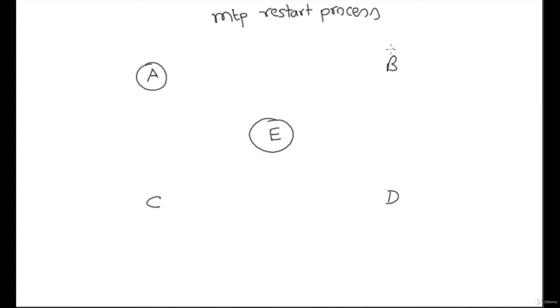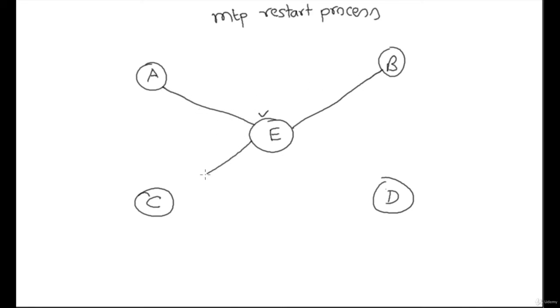This new entity, E, doesn't know the routes and which links are available or not available, because it has stale information about all the links. So it has to regain all the route related and link related information from the network.